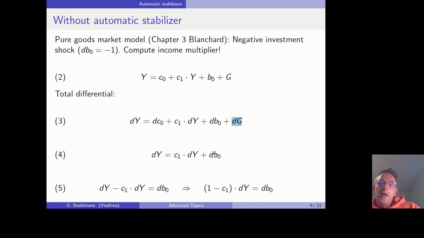So we end up at equation 4. We put C1 dy on the other hand side of the equation, it pops up with the negative sign here. We write dy out of brackets, arrive at this term, and when we divide this expression by 1 minus C1, we put 1 minus C1 on the other hand side of the equation, it should pop up in the denominator of a fraction.